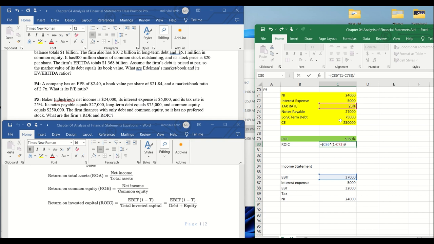Common equity is this, long term debt is this, notes payable 27 is this. Debt is notes payable plus long term debt, plus common equity, this. So this should be our return on invested capital percentage, 7.80%. So let's make them color.